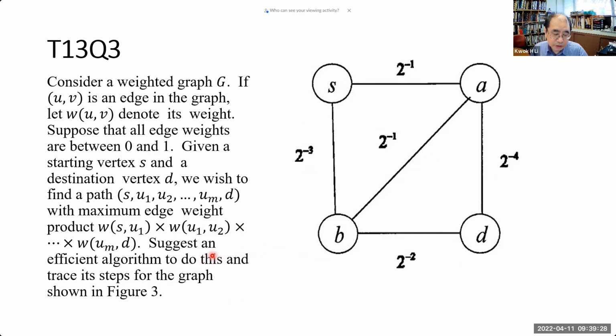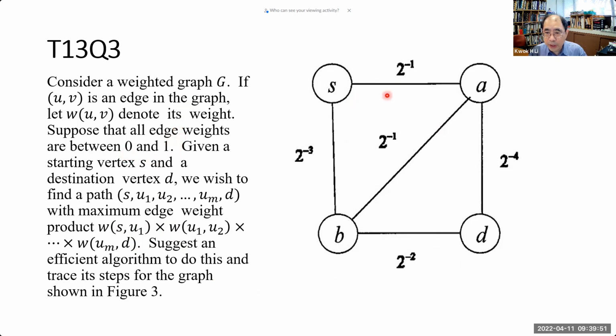Here we would like to find an efficient way to do this and trace the steps for the graph shown in figure 3. This is figure 3. As you can see, the product should be maximum when you multiply the individual ones together.